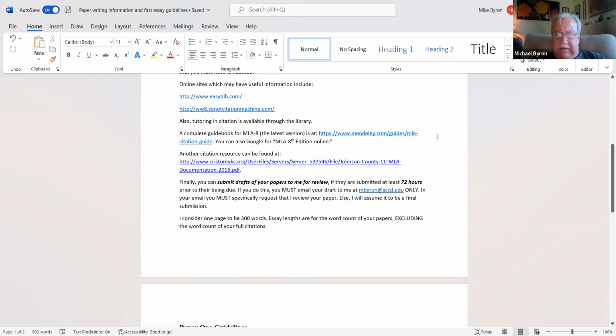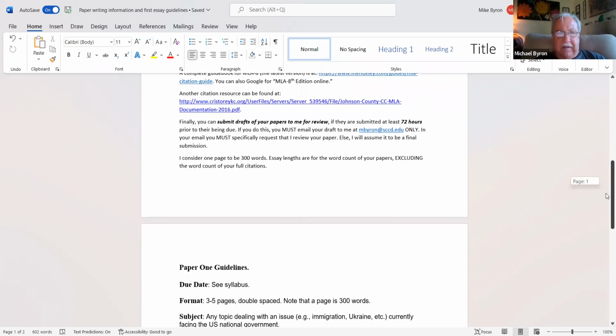So if the URL that I have provided for you doesn't work, then just Google MLA 8 edition or MLA latest edition, and you will get a link to the current guide wherever it has migrated to. At some point in time, they'll come out with an MLA 9, which will modify the MLA 8. It never stops being modified by English professors for whatever reason.